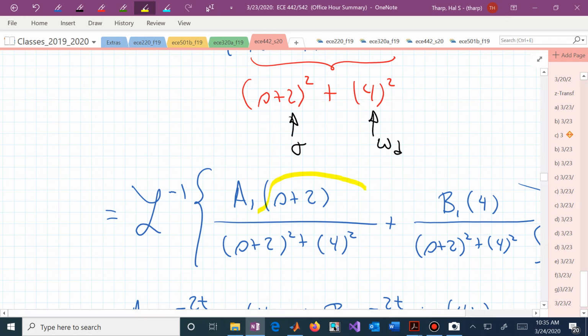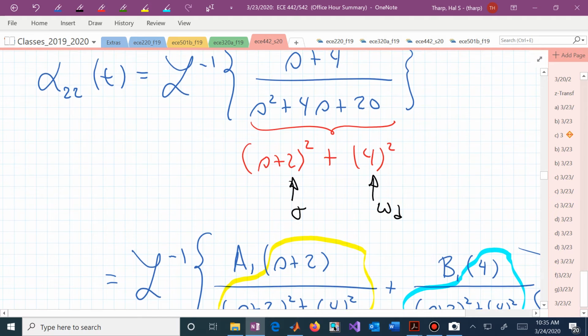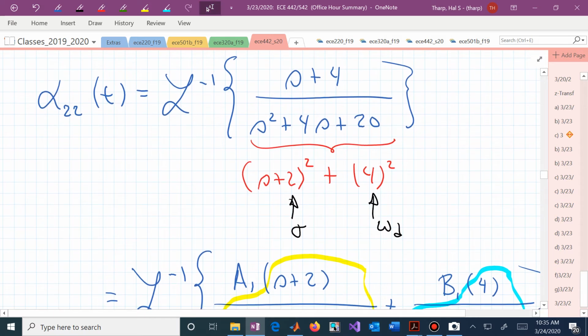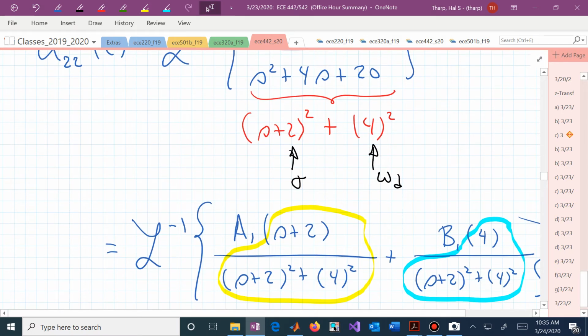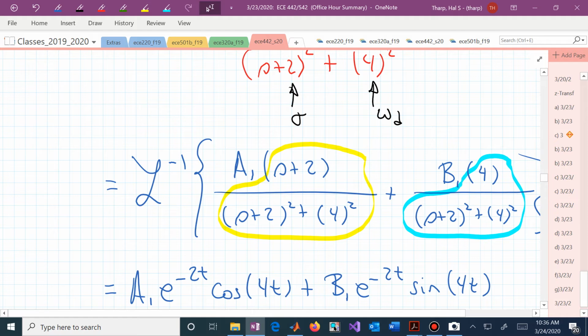Here is our exponentially damped cosine, and here is our exponentially damped sine, and we have some linear combination of those. We have s plus 4 in the numerator, and that must be some linear combination of s plus 2 and 4. And what linear combination that is will determine the values for a sub 1 and b sub 1.